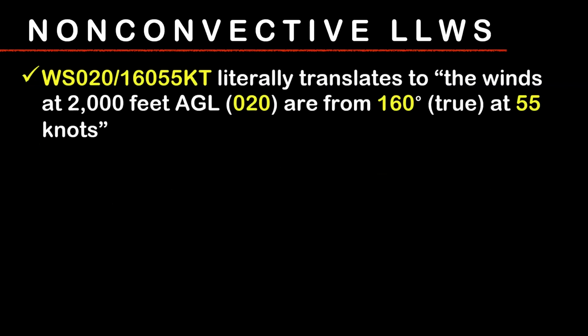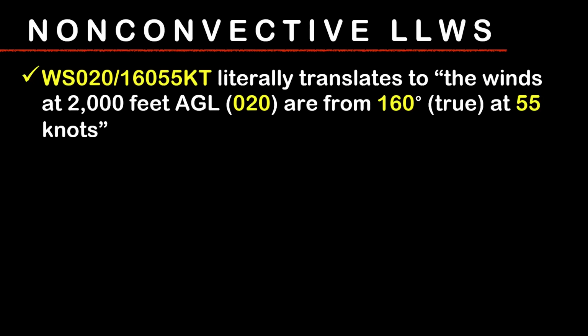So if you were to see something like WS020/16055KT in a terminal forecast, this literally translates to the winds at 2,000 feet above field elevation, in this case 020, so that's 2,000 feet, are 160 true at 55 knots.